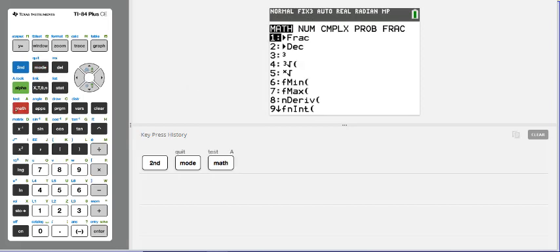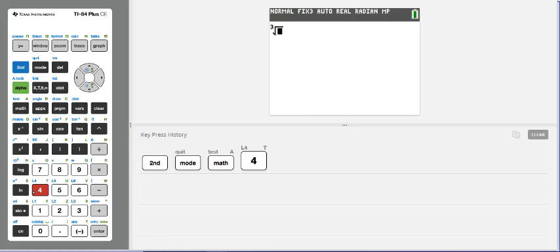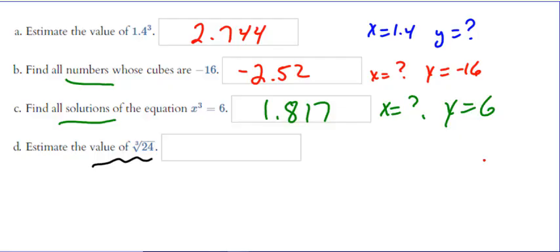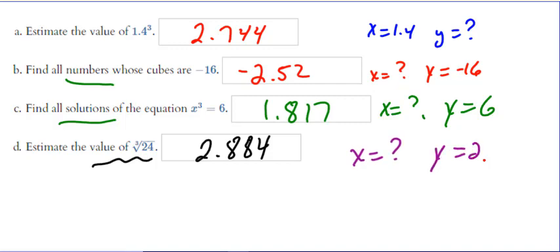So we're going to hit math, and that's number 4. And we're going to type in 24 and just hit enter, which is 2.884. Now, if you want to look at it in terms of calculator, x equals what when y equals 24?